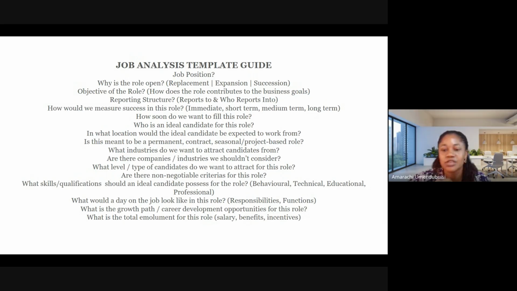Okay, so let's assume, let me use a role. Let's say an accountant role. Let's say the company brought in this person as an accountant, and the company is using a grade level. Let's say they're using executive officer. The next level will now be senior executive officer. Let's say this person comes in as an assistant manager.